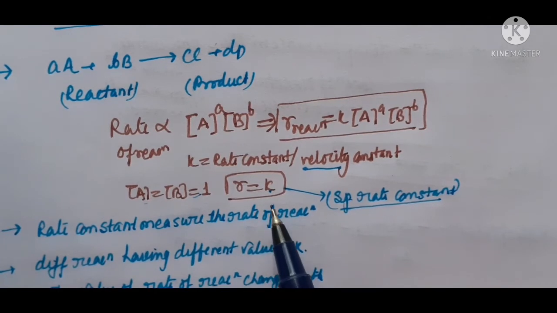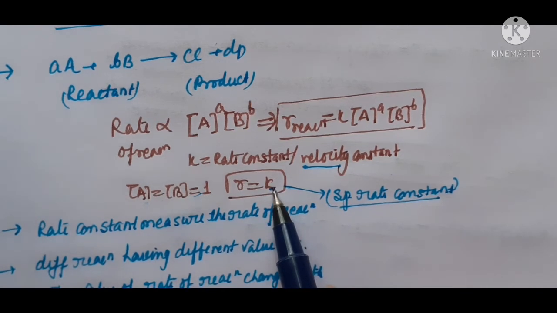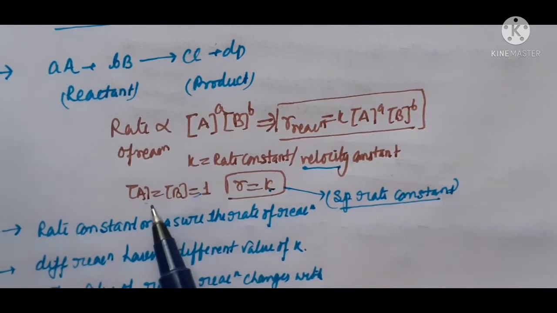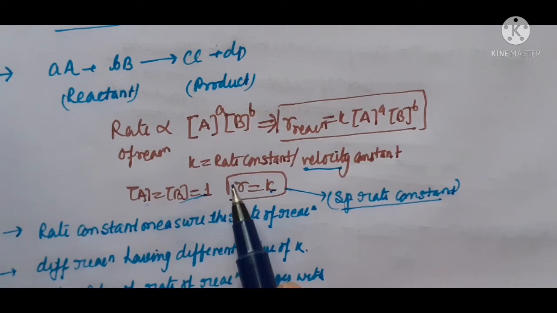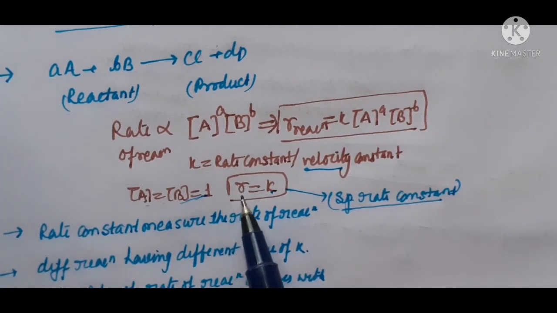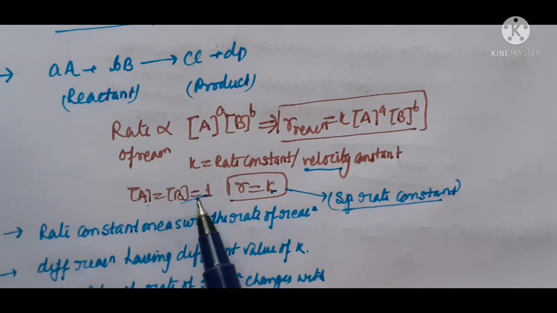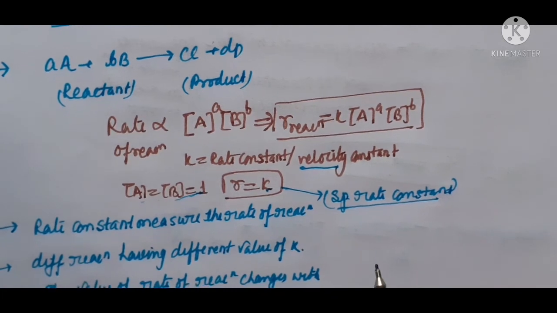Once more I would like to explain it. From this expression we can say that the specific rate constant is defined as the rate of reaction when the concentration of the reactants becomes unity, because this term we achieve only when we consider the concentration of the reactants as unity. So this is the story about the rate law expression.